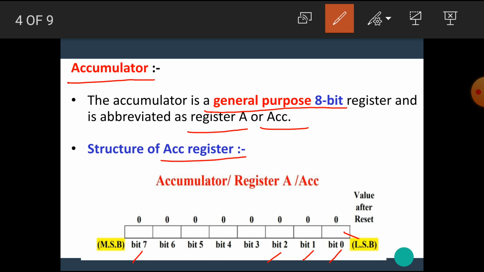This bit represents LSB and this bit represents MSB. LSB stands for least significant bit and MSB stands for most significant bit. After reset, the accumulator bits contain 0.